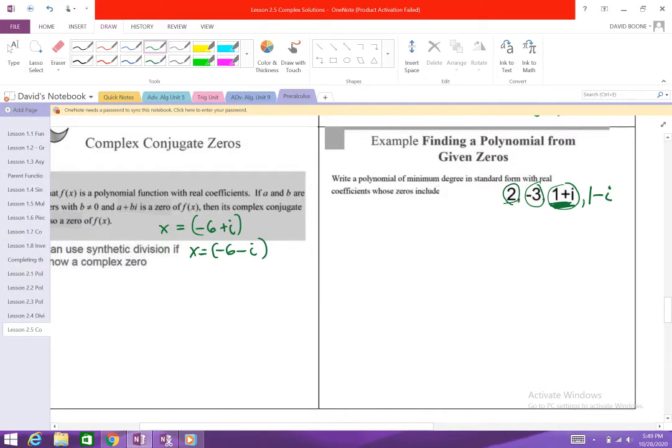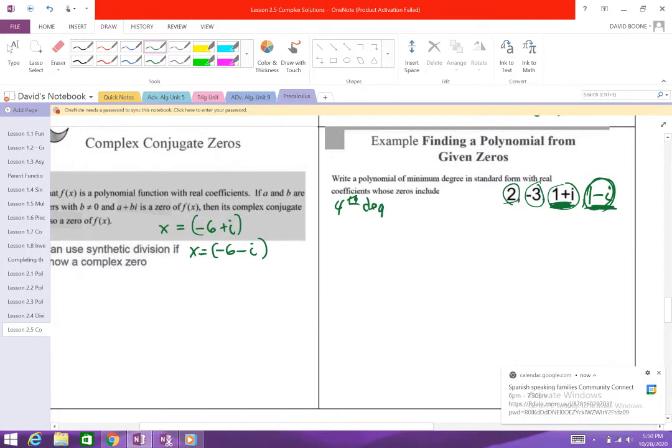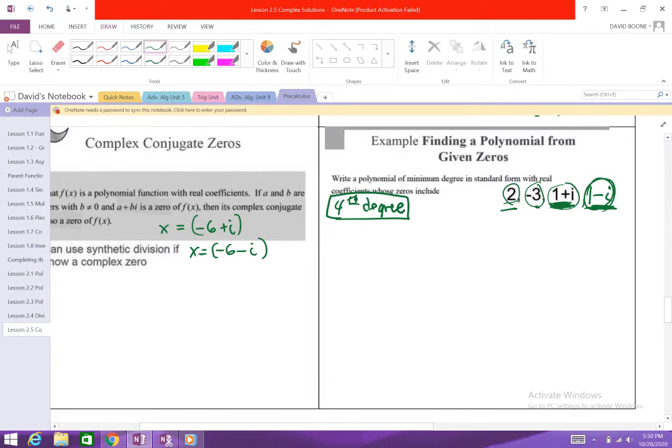So 1 minus I would be a solution. So if I'm going to write that polynomial of minimum degree in standard form that has these zeros, recognizing that I have a complex number as a zero, I have to have its conjugate as well as a solution. I've got a total of 4 zeros, so I know I will have a 4th degree polynomial that I'll need to write. And these are the easy ones.